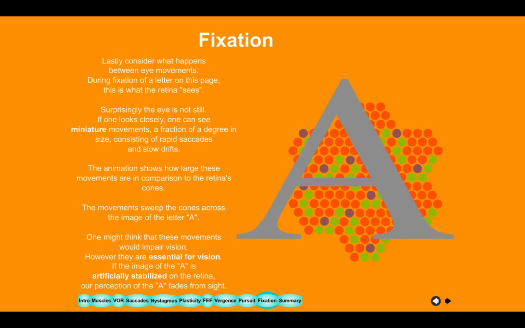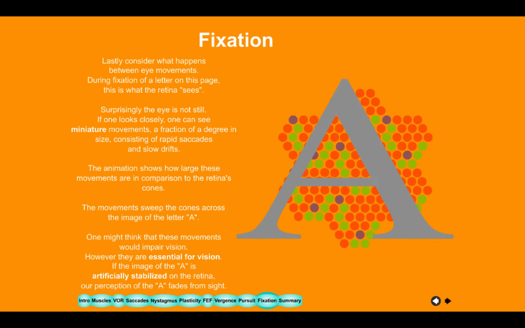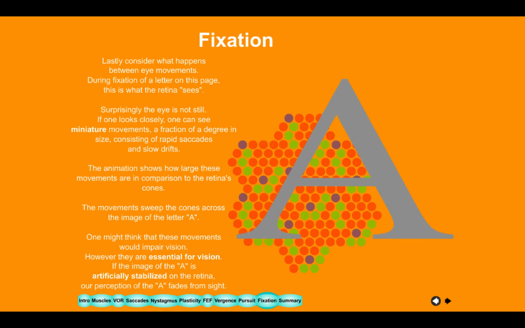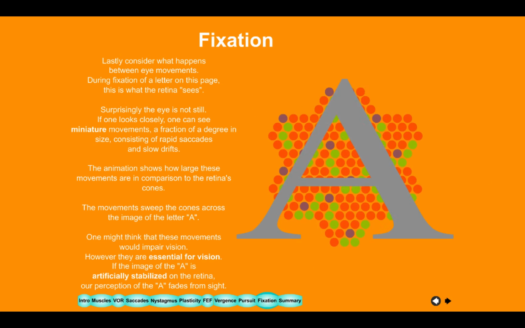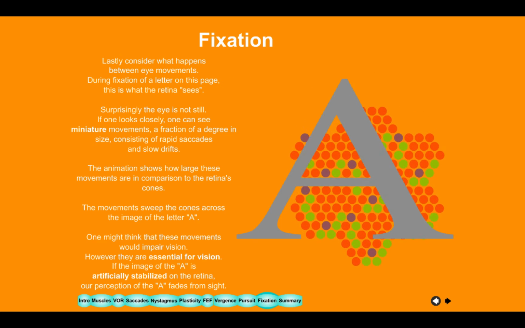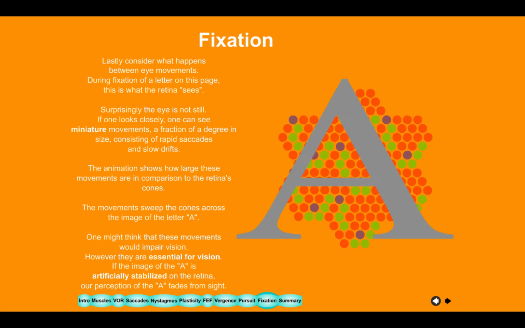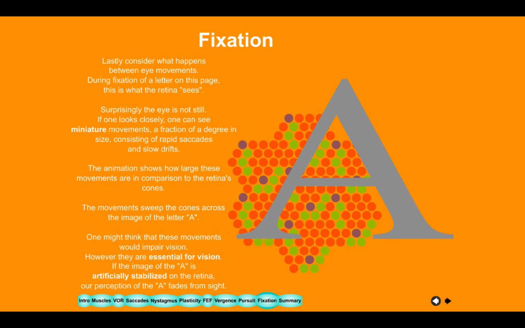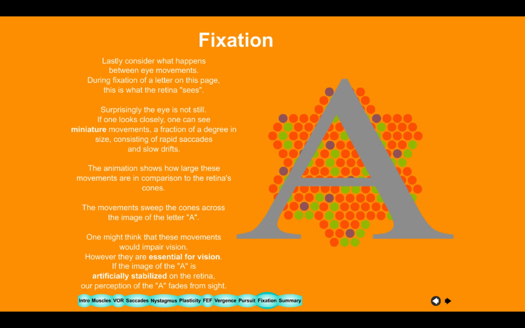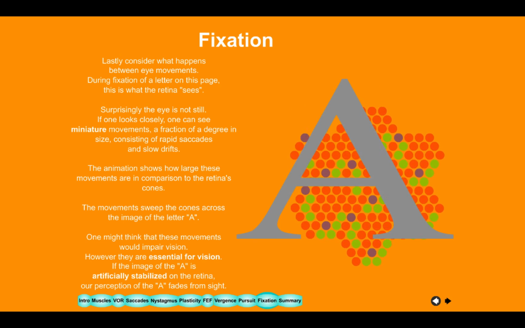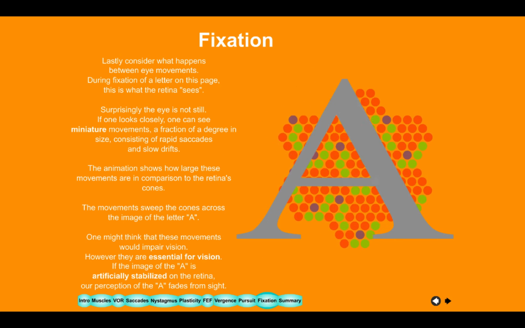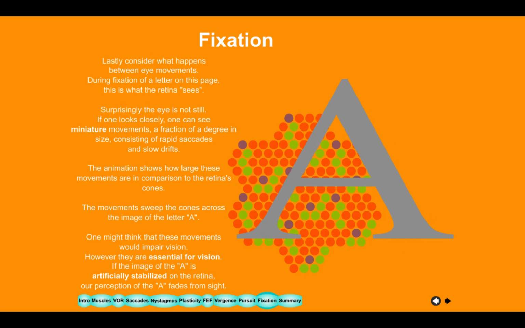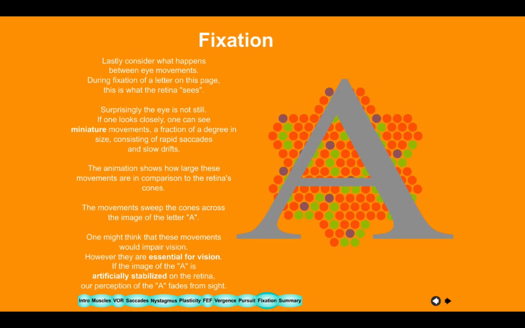Okay. Now you would think that these types of movements would cause the image to be blurred, but for reasons we don't understand, in fact, it helps you see. Experiments were done where you could measure these tiny little movements and shift this A around by the same distance as the eye moved.